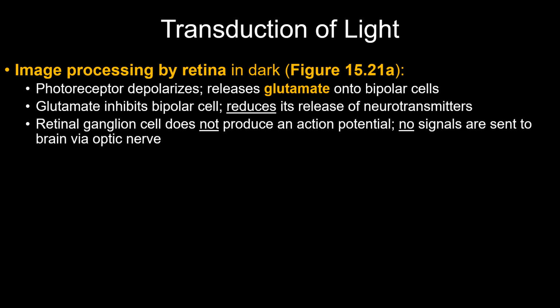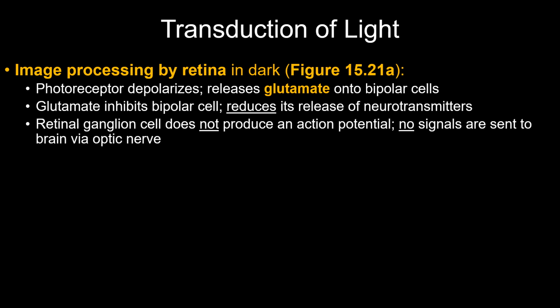After the bipolar cell is reducing its release of neurotransmitters through its IPSP, this does not stimulate the retinal ganglion cell, and so no signal is actually sent through the optic nerve to the brain. And this is in the dark, so no optic nerve signal sent in the dark to the brain.